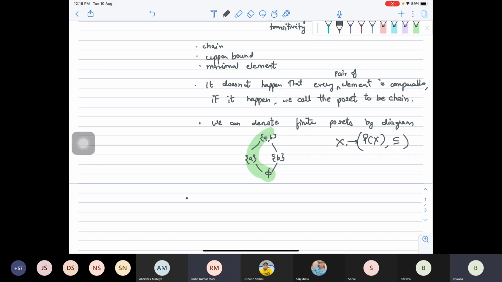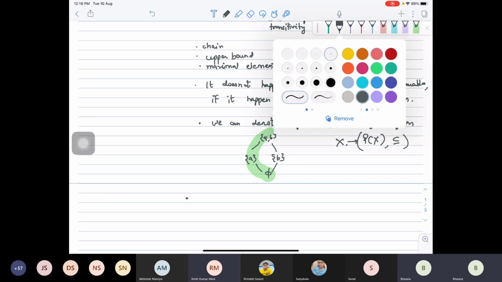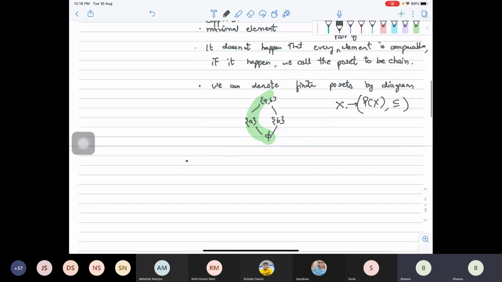The example which you have taken is also a form of a chain, where only the highlighted part is a chain. That means if I take the set X to be phi, singleton A, B, this is the set with the containment relation. This is actually a chain, not the whole power set.